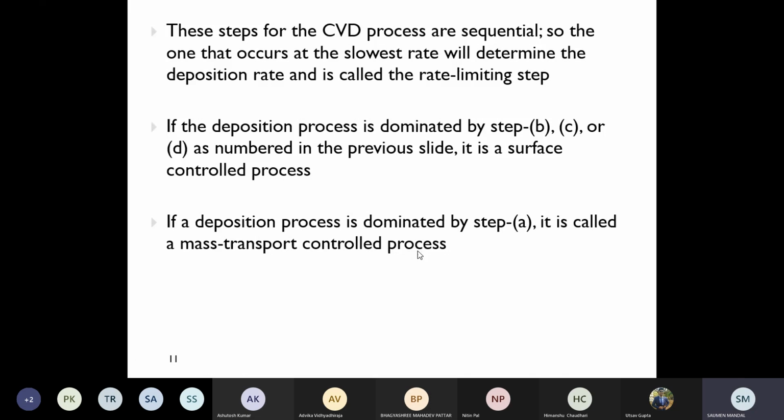Some of the reaction may happen in the gaseous form itself, and the mass flow is important. In this particular case the substrate could be irrelevant. The reaction will happen, and then the reaction product will deposit on the substrate. But if BCD plays the leading role, then the substrate will be very important.